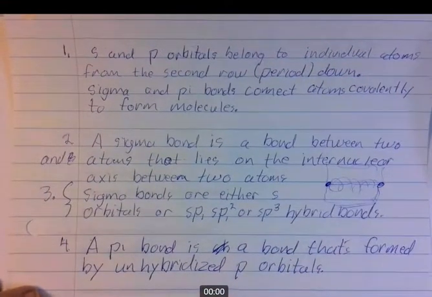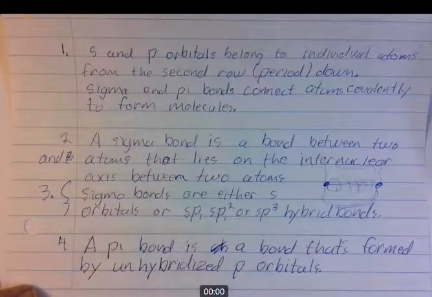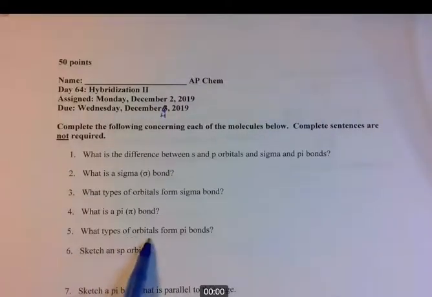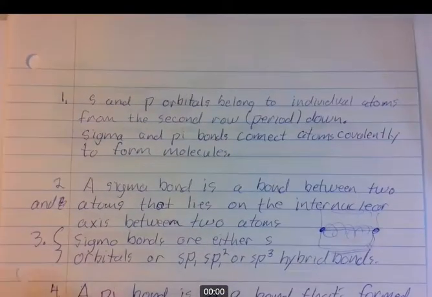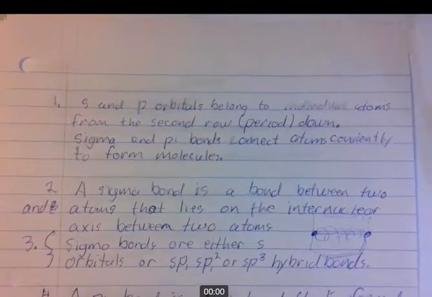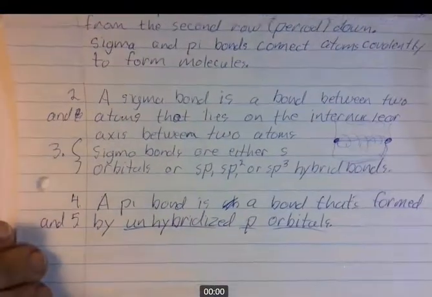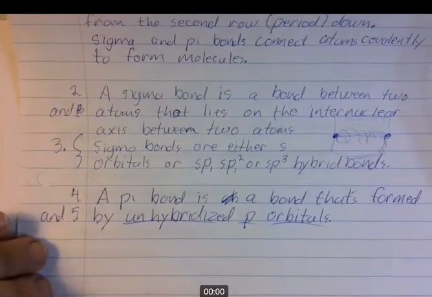A pi bond is a bond that's formed by unhybridized p orbitals. In other words, orbitals that just stayed the way they were in the original atom, and they didn't hybridize into sp, sp2, or sp3 orbitals. What types of orbitals form pi bonds? And I answered that one right there as well. So that's the answer to 4 and 5. It's unhybridized p orbitals that form pi bonds. Okay, only unhybridized p orbitals form pi bonds.